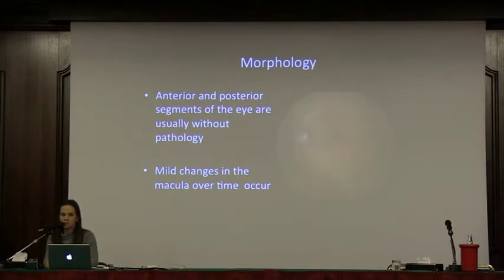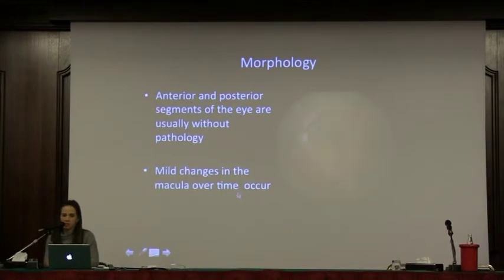Even in most cases at young ages, we do not see any pathology at the back of the eye. So the retina, the optic nerve, the vessels all look pretty normal, but still we have a function loss which we observe in our functional tests.